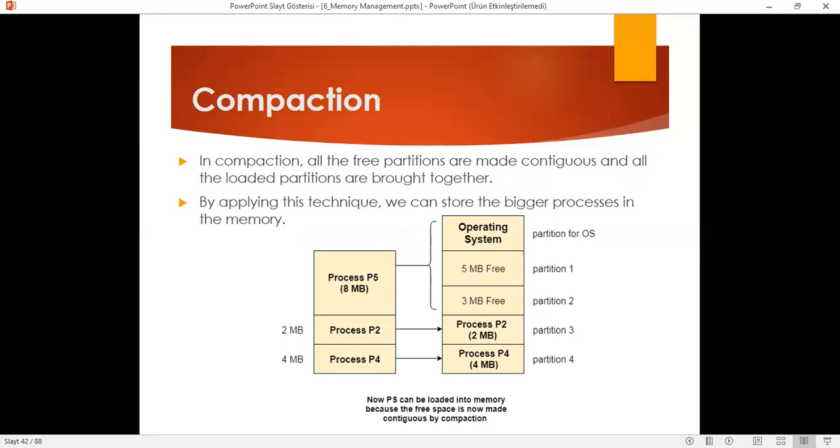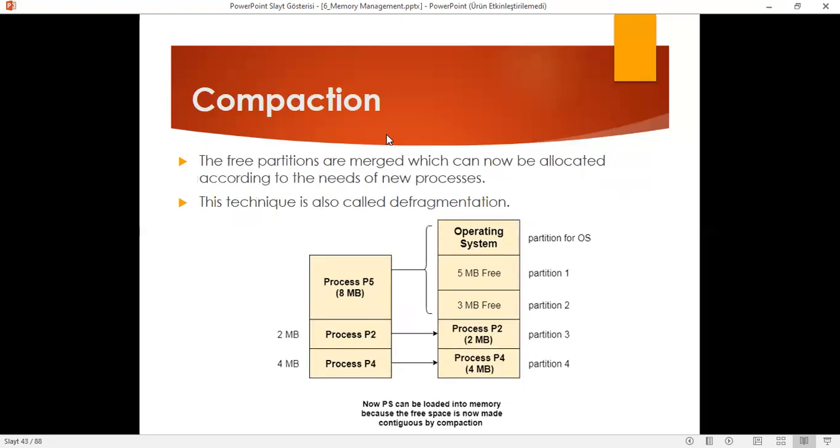So this time the free partitions will be put one after the other contiguously, and the processes that are executing or waiting for the CPU are in other parts, like this. And this technique is called defragmentation.